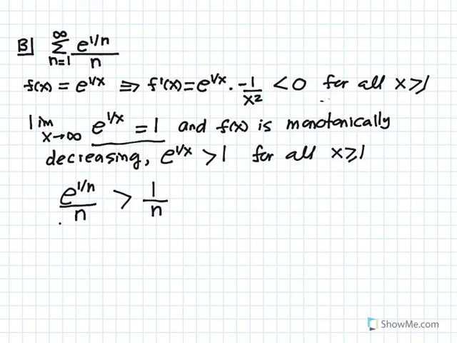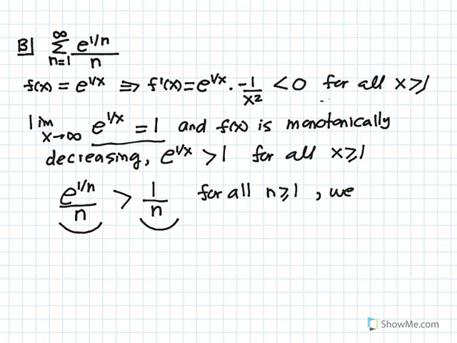Every term of our given series is larger than every term of the comparison series, which in this case is a divergent p-series, p equal to 1. So this inequality is true for all n larger or equal to 1.